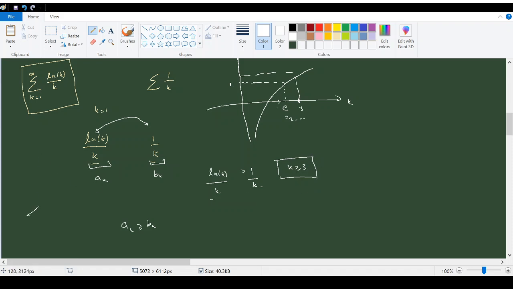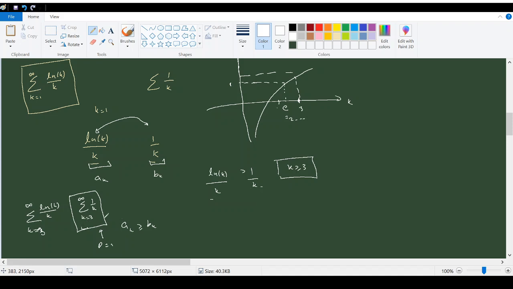So we are comparing these two series, and instead of starting at 1, we start both our series from 3. And we know from the p-series test that the smaller series diverges because p is equal to 1 in this case.